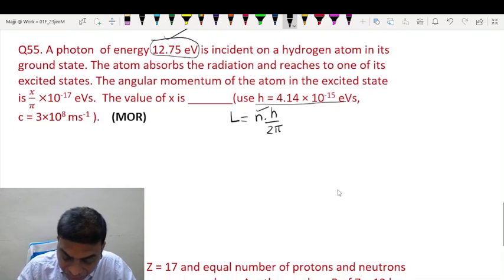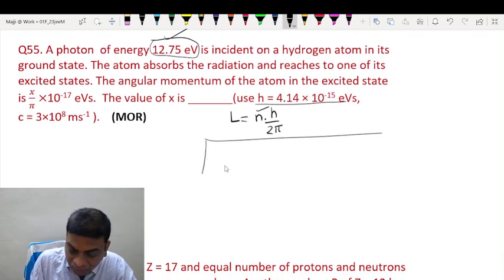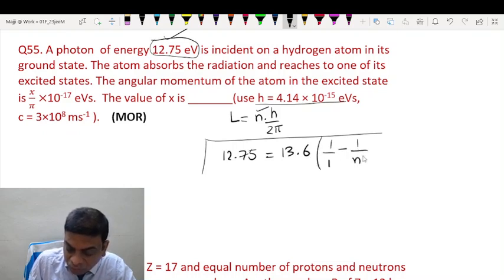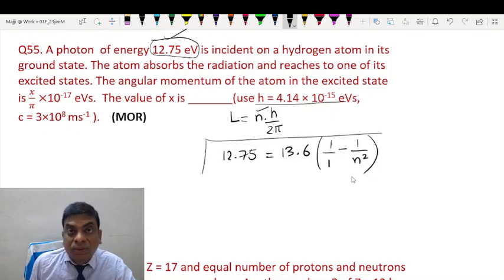Now we know that the energy required is 13.6 electron volt into (1 minus 1 by n squared), if it moves from the first orbit to the nth orbit. So this formula is valid, and this is the energy absorbed.